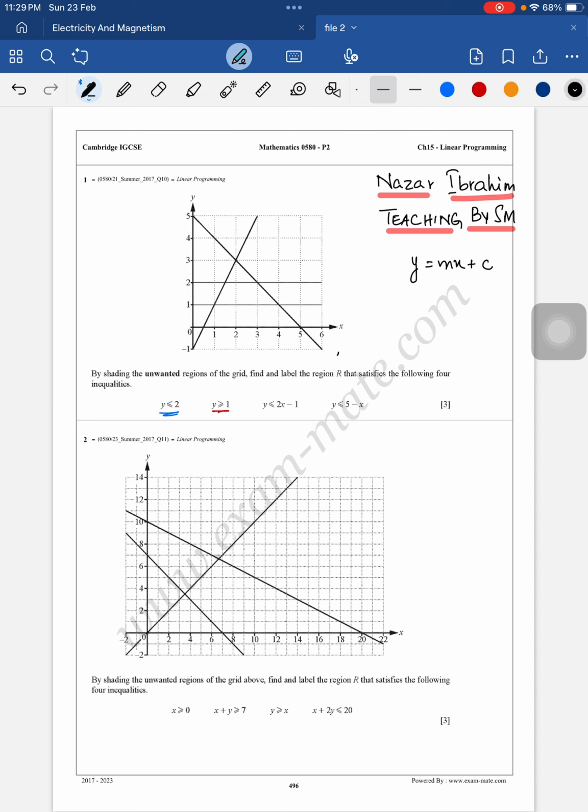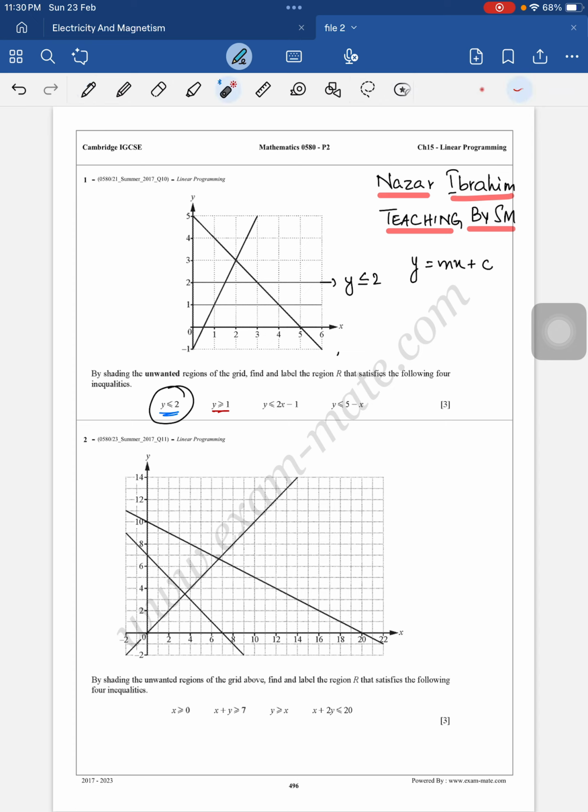So we have four different inequalities over here. We need to find out which one belongs to which line first, and then we have to find the region that satisfies all these four inequalities. Okay, for the first one we can see that y is less than or equal to 2. So this is the line y equals 2, and the inequality means the region which is lesser, right?